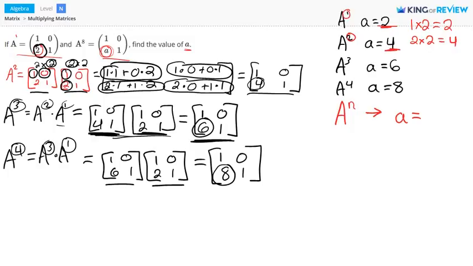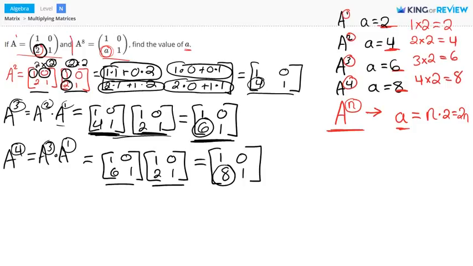So it looks like we have to multiply each exponent by 2 to get the a value. So 3 times 2 equals 6, which is this value here, and 4 times 2 equals 8, which is this value here. So if we have A to the power of n, the lowercase a value is going to be n times 2, or 2n. So that's how we figure this out.